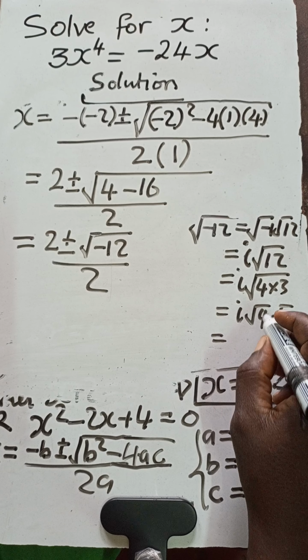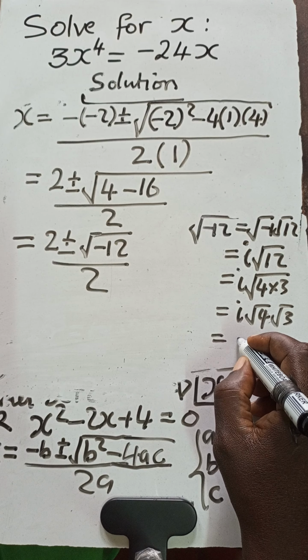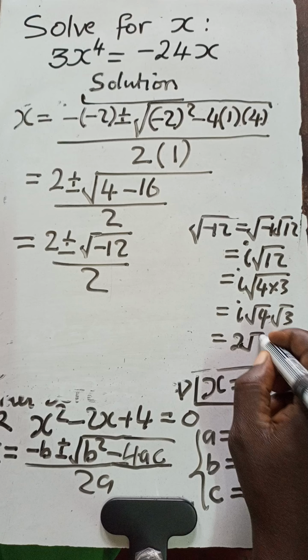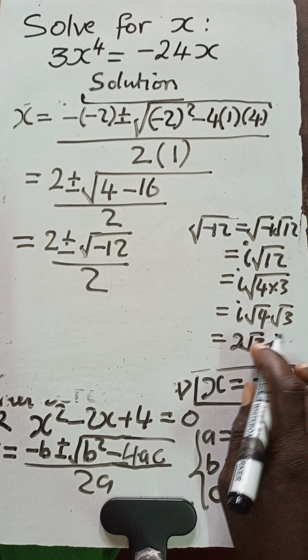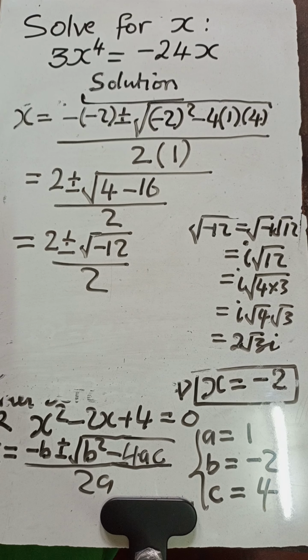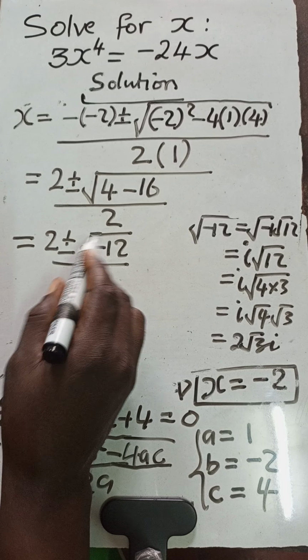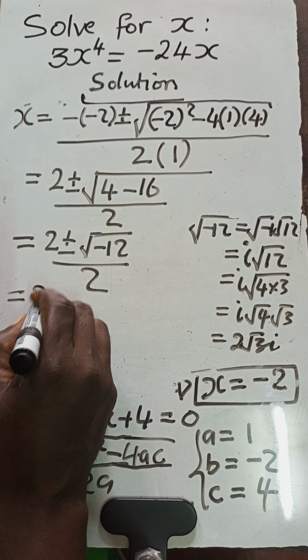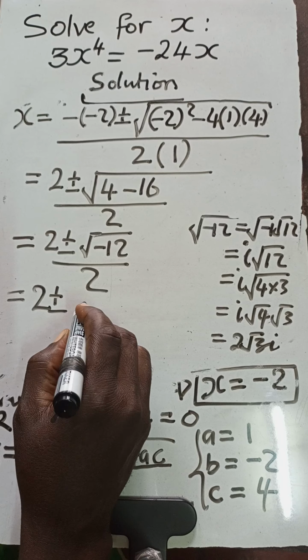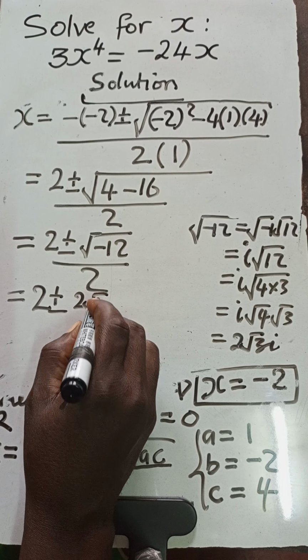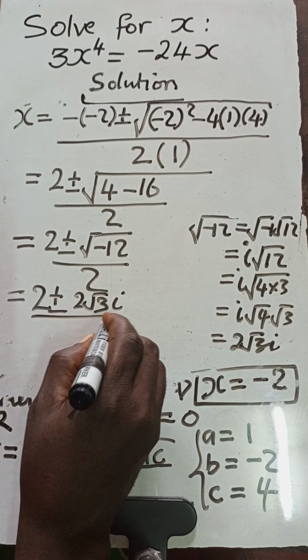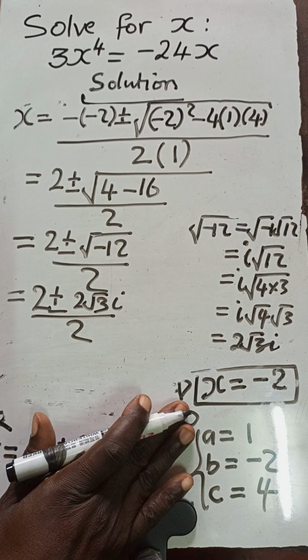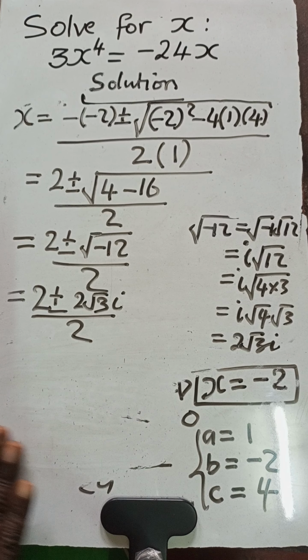Root 4 is 2, so we have 2 root 3 i. All right, so we'll just put it here. This gives us 2 plus or minus 2 root 3 i, all over 2.